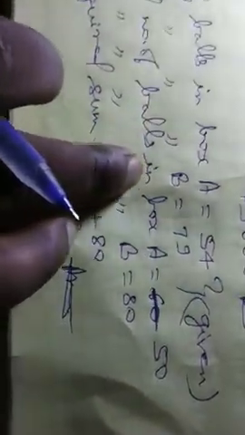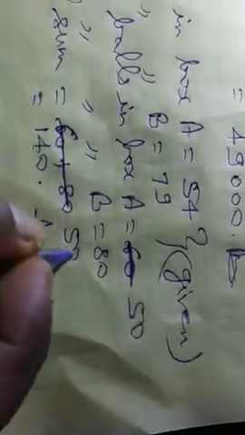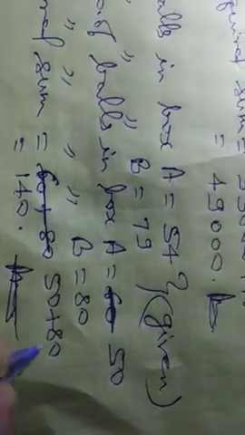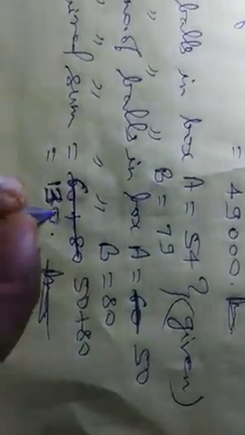Estimated number of balls in box A is 50, and in box B is 80. So when we add 50 plus 80, the answer is 130.